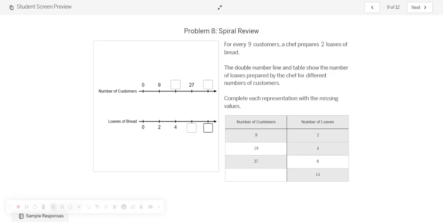So wait, because they jumped 8. Let's see. Is there an easier way to do this? 14 doesn't really break down nice. So 6 plus 4 plus 4, I would have 27 plus 36, or again, 4.5 times 14.